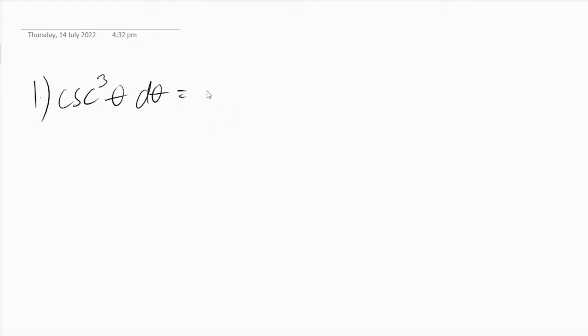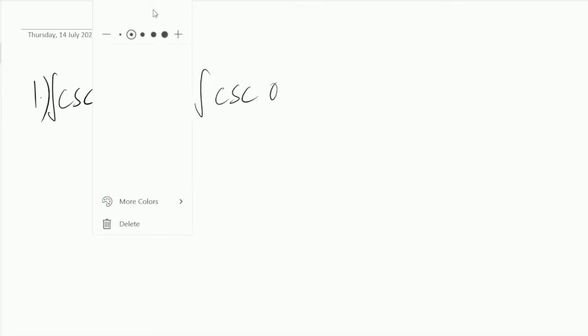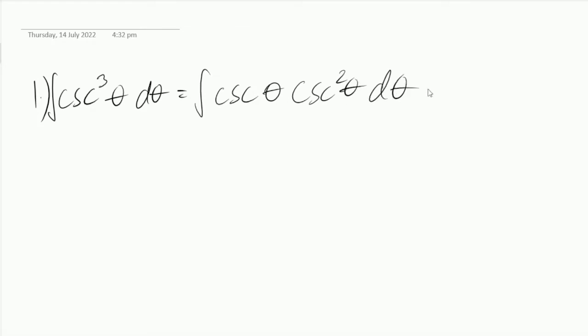So first, we will separate one cosecant here like that, and then using trigonometric identities, cosecant squared will become 1 plus cotangent squared theta.